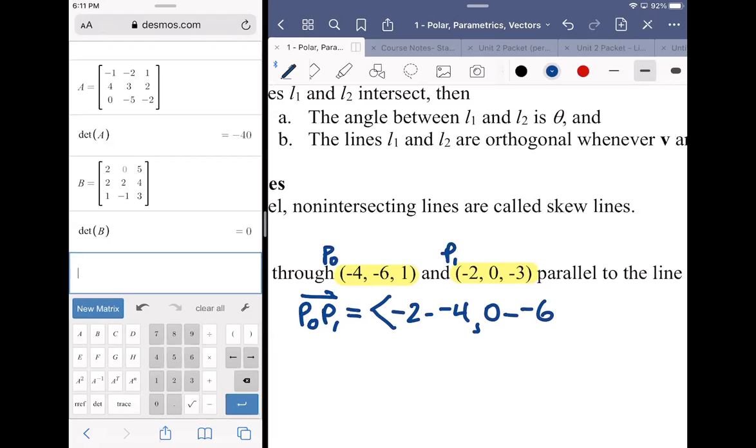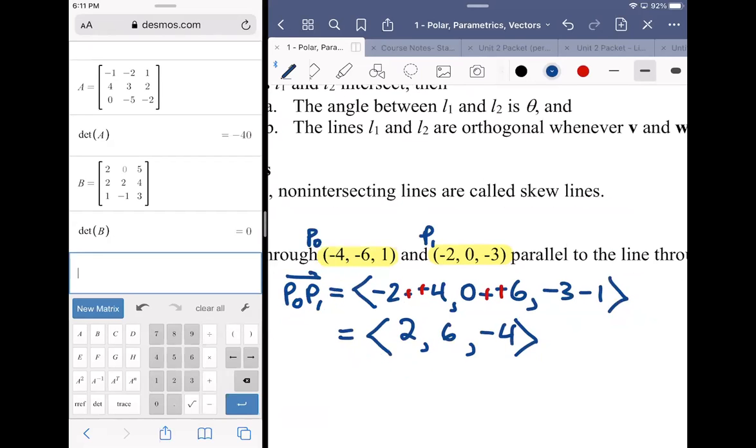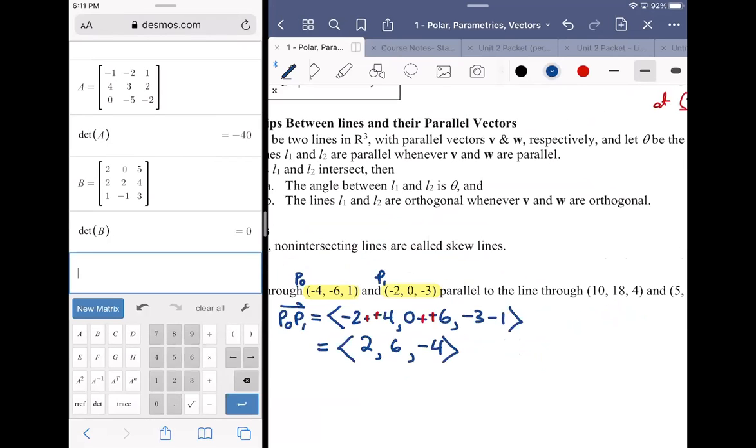So 0 minus -6, -3 minus 1. That's going to give me a 2, a 6, and then -4. So that's my displacement vector between P sub 0 and P sub 1.